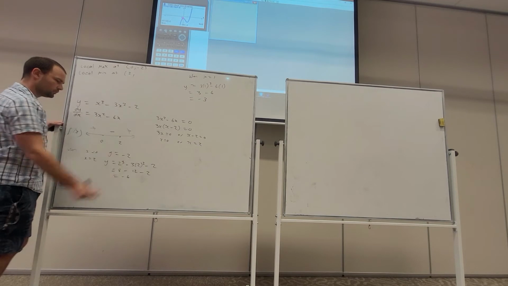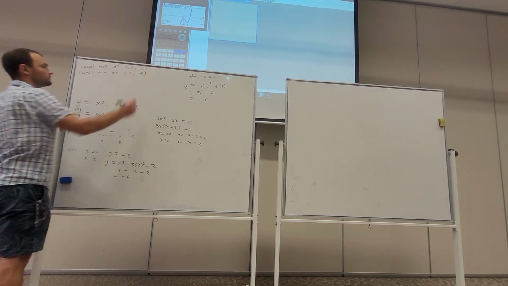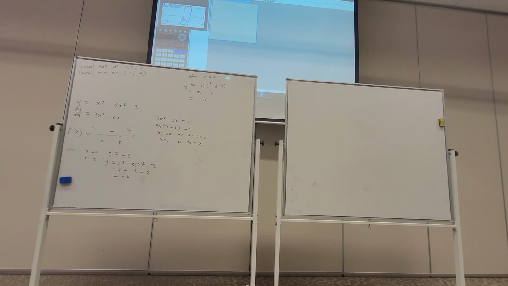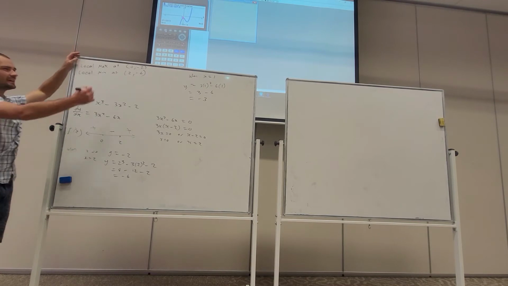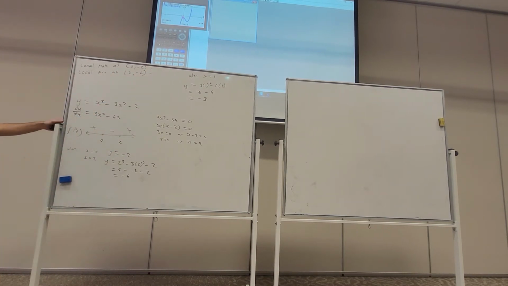And we've got x is 2, y is minus 6. That's what we're doing here. Again, you can get this answer from your calculator, but it's about that process, demonstrating understanding of that process.